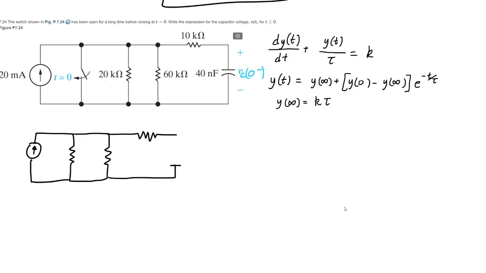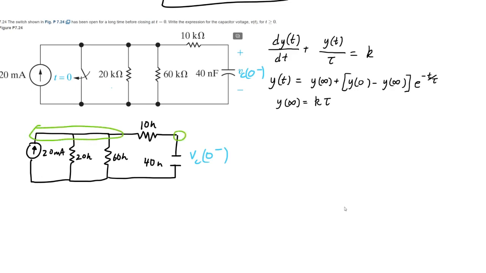I can say here is 40 nanofarad. This is 10 kilo ohms, 60 kilo ohms, and 20 kilo ohms, and 20 milliamps right here. So if we want to find VC0 minus, I label the circuit.